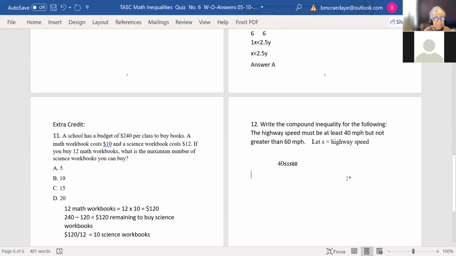Compound inequalities are a combination of more than one inequality, right? Because you see that on the highway, where it says not to exceed 60 miles per hour, but you must be at least 40 miles per hour.